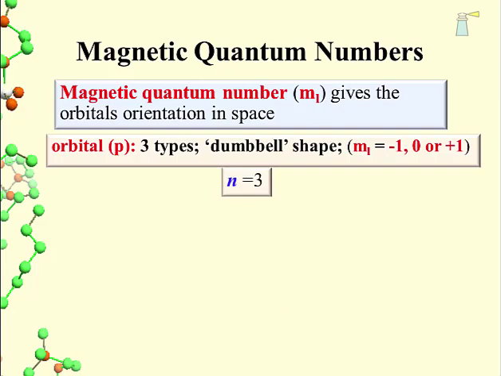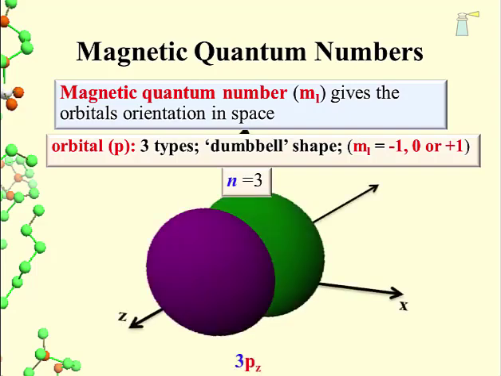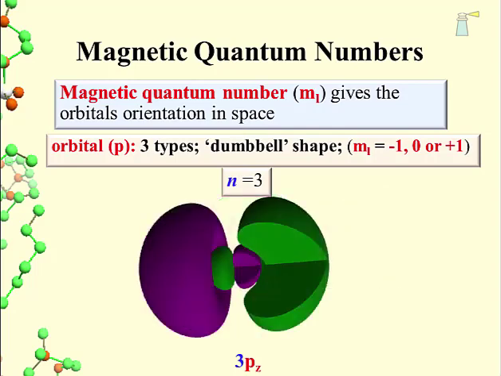If we were to look at the energy level n equals 3, we would also find 3 dumbbell-shaped p orbitals. Presented here is just the 3pz. 3p orbitals will be larger than 2p. As a demonstration, pictured here is the 2pz orbital nested within the larger 3pz orbital.